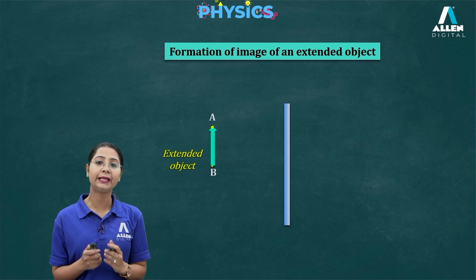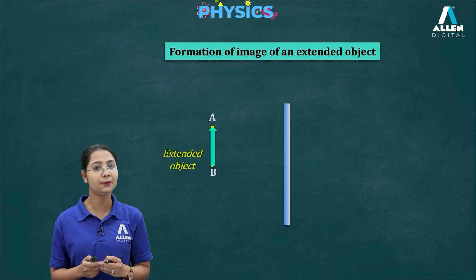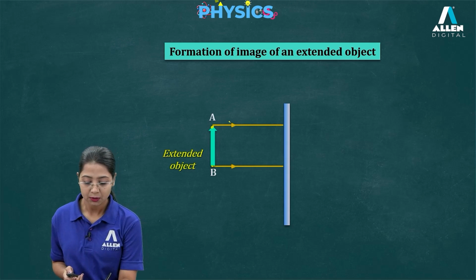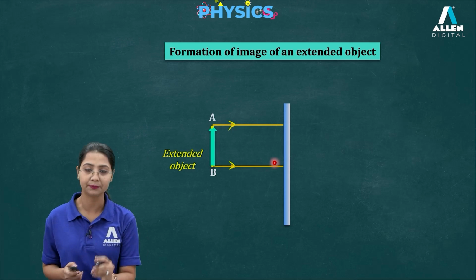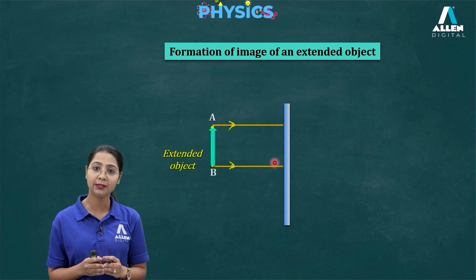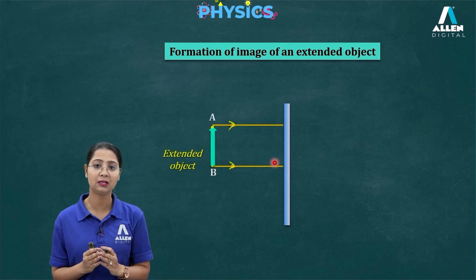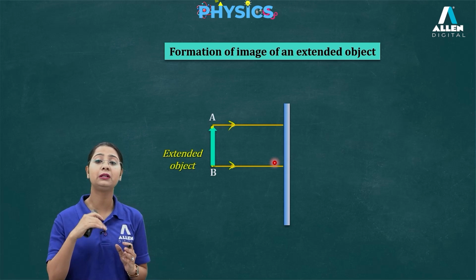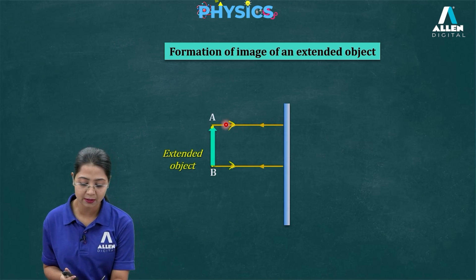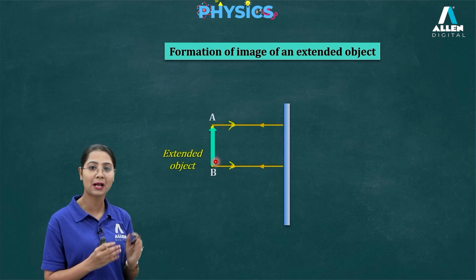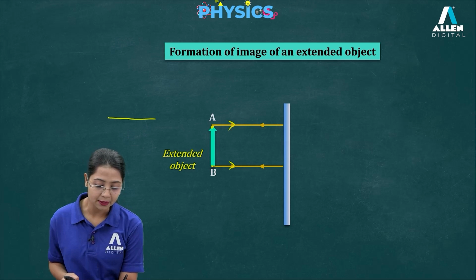We will take a minimum of 2 incident rays from each point to form the image. So let's mark here 2 light rays incident on the plane mirror, this one and this one, at an angle of 90 degrees. Now what is the rule? If an incident ray strikes the plane mirror at an angle of 90 degrees, it will retrace its path. So reflected light rays will be on the same path. Why? Because it's a plane mirror.